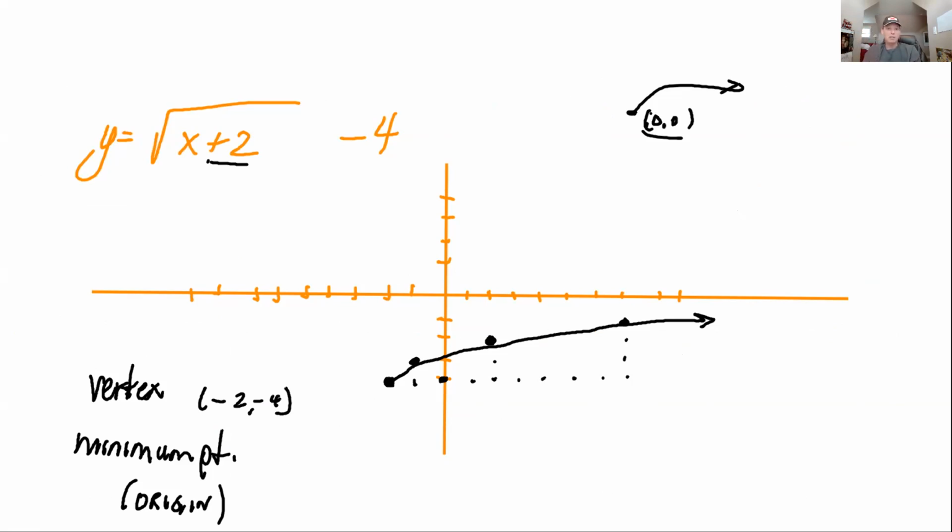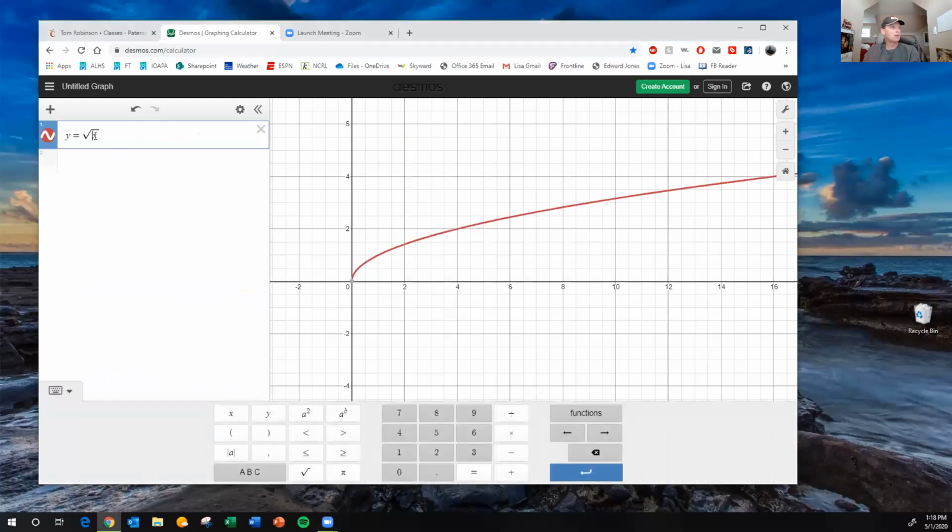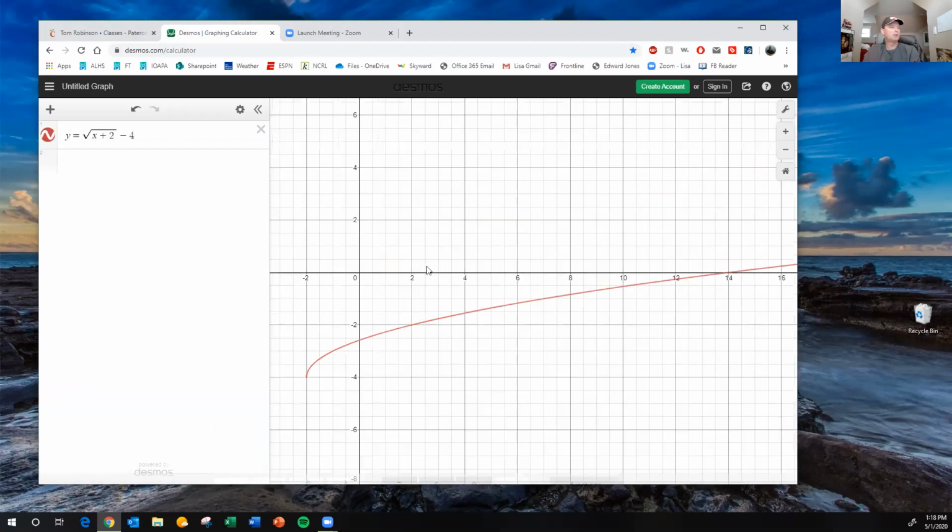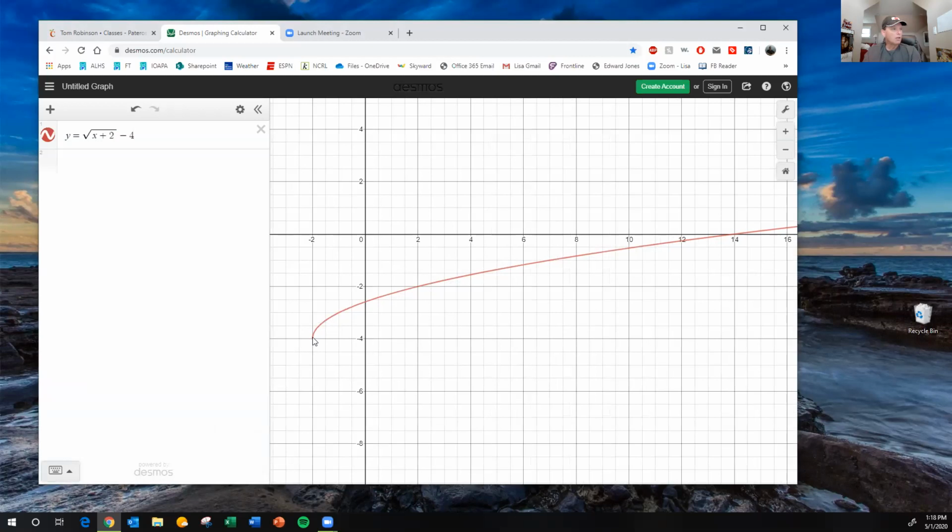Let's go back to Desmos and take a quick glance at this function. It was x plus 2, right? And then minus 4 on the outside. And look, the vertex point is in fact negative 2, negative 4.